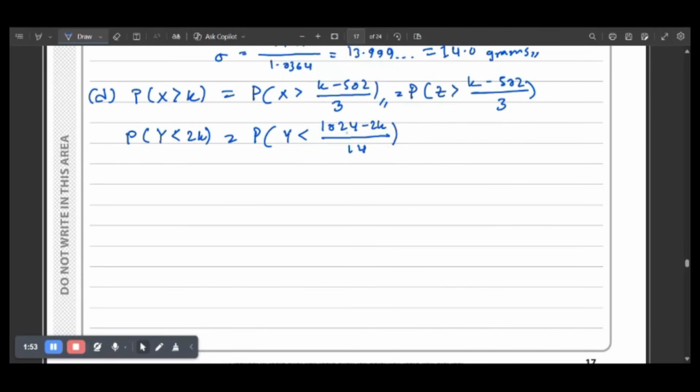Now we can equate the two equations. As all of these are in standard values, and the probability of x being greater than k and y being less than 2k is the same, their standard values must also be the same. So we can equate the values.